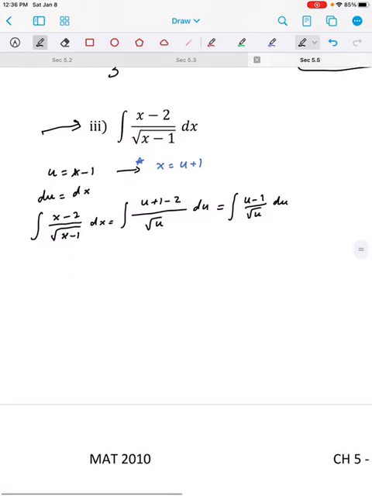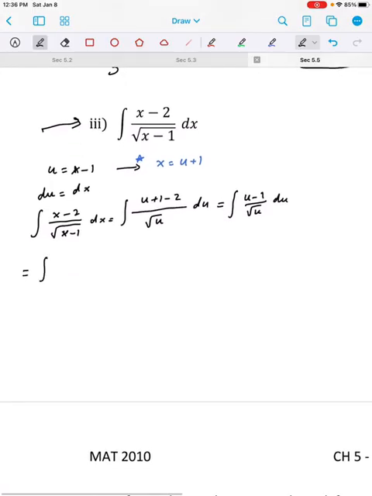This now became something which we can handle, and so now we can divide each term by square root of u. So we end up getting square root of u minus 1 over square root of u du, or the integral of u to the 1/2 minus u to the negative 1/2 du.